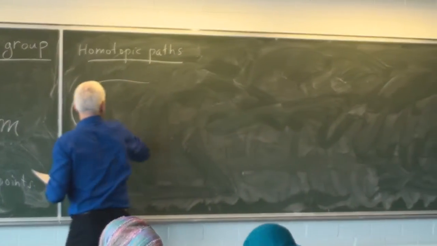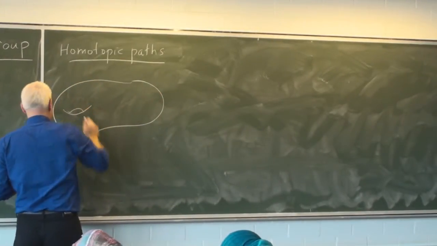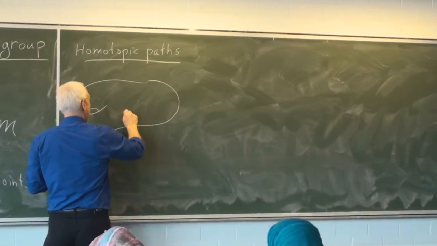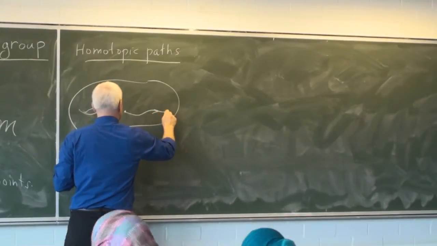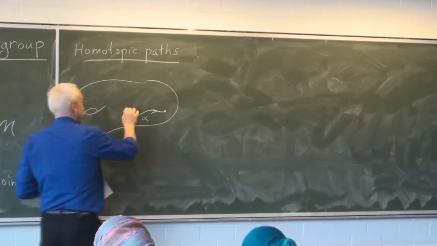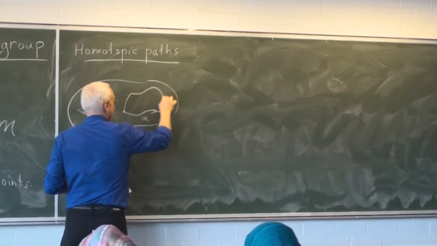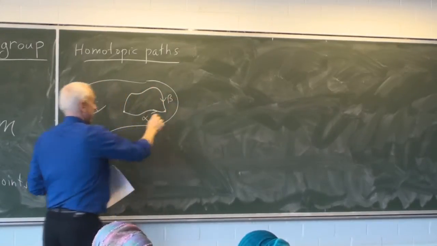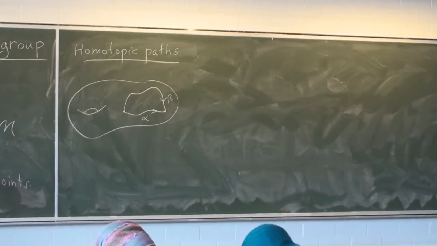Our picture is we have our surface, and let's say we have one path, alpha, and another path, beta, with the same initial and final points.